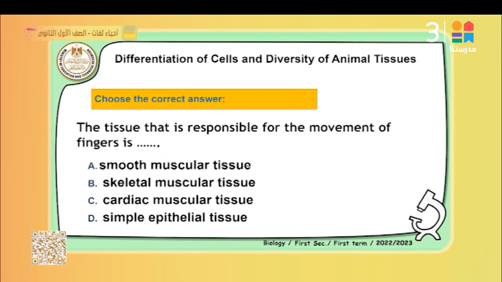So the best answer is B. Why not cardiac muscular tissue? It is related to intercalated discs found in the heart, connecting together and making the rhythm of the heartbeat. Simple epithelial tissue is not related to muscular tissue. So the best answer is skeletal muscular tissue.